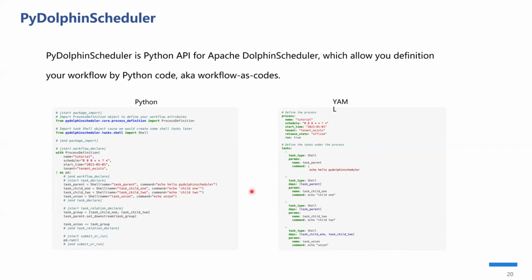I want to mention a little bit more about this page: if you write every pipeline using YAML or Python, it's very good for initiating GitOps for DolphinScheduler tasks.